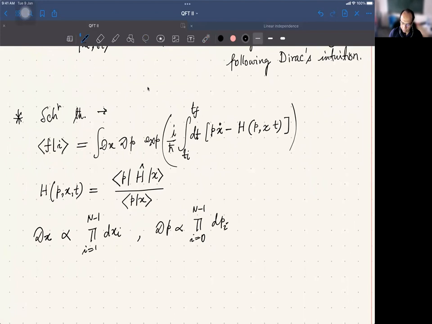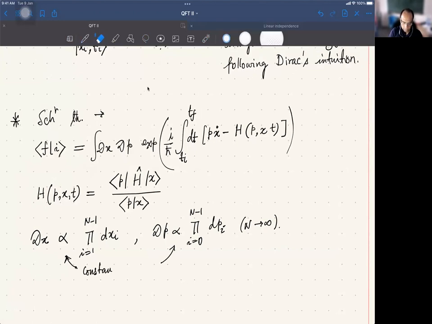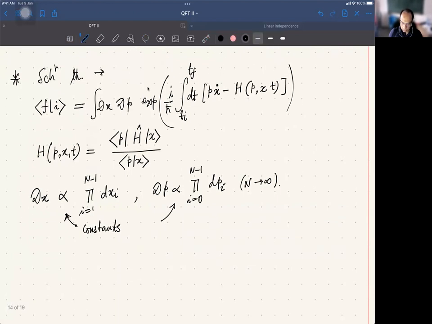If you remember the operational definition where n goes to infinity. And these proportionality constants are independent of paths.